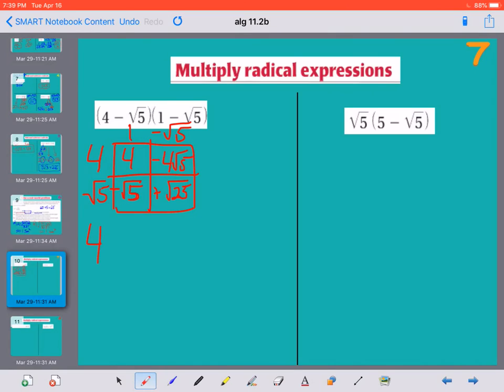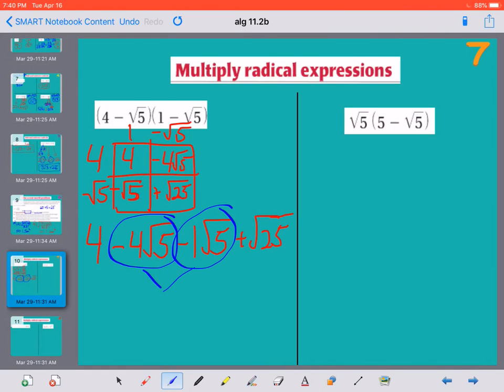So I'm going to write this out then. So I get 4 minus 4 times the square root of 5 minus 1 times the square root of 5 plus the square root of 25. So I can add these two together because they have the same radical. Negative 4 minus 1, that's going to give me a negative 5 times the square root of 5.